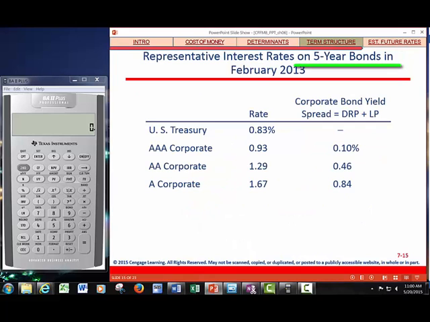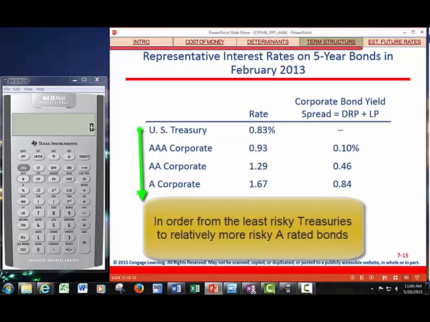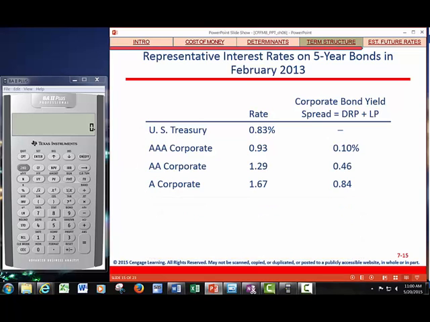Here are some example rates on 5-year bonds in February 2013. So we have U.S. Treasury is equal to 0.83%, a AAA corporate 0.93%, all the way down to an A, which is a lower rating than a AAA, of 1.67%.